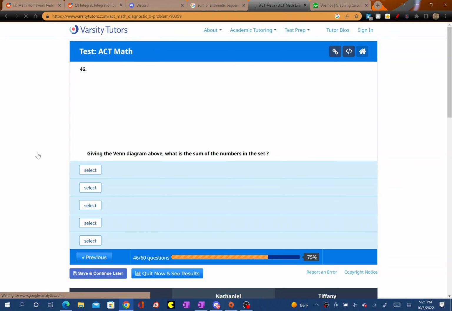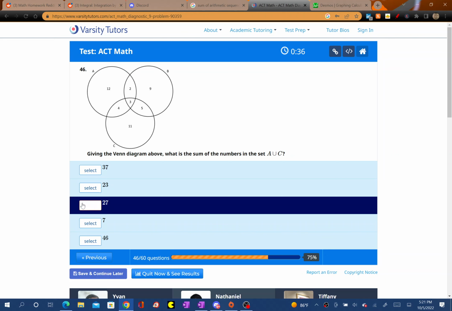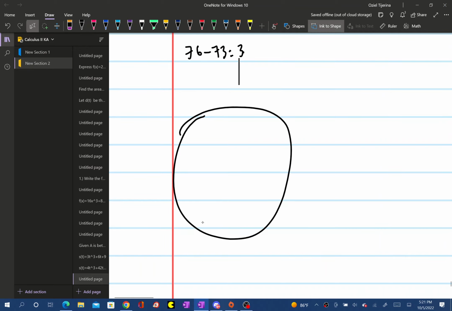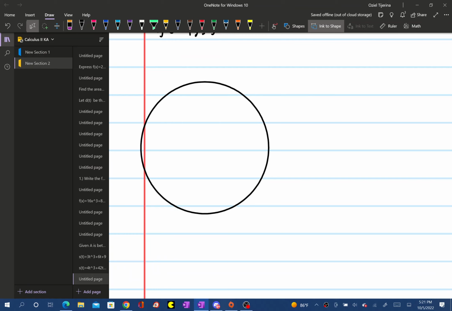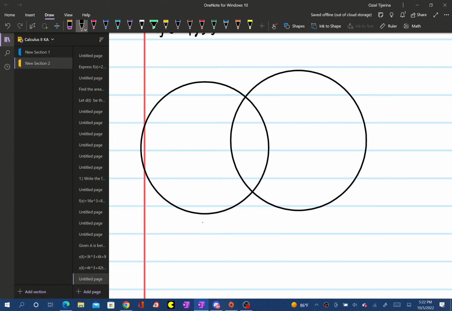So A union C. Okay, so that means the sum of the numbers in set, I believe, in both A and C. There are 12 numbers in A, so if I do a Venn diagram or something, this is A, if it'll let me write.